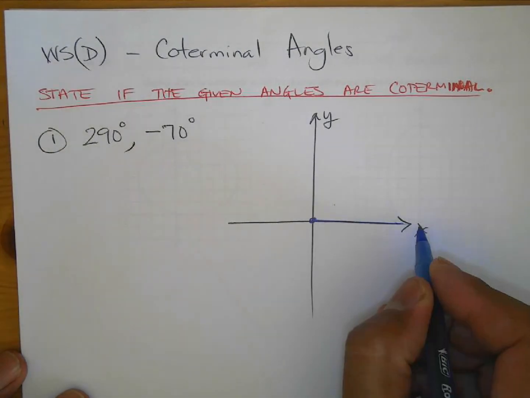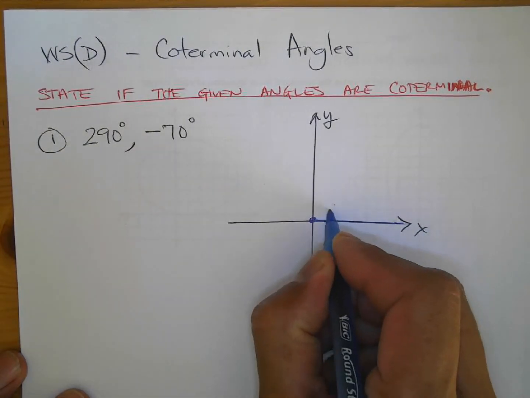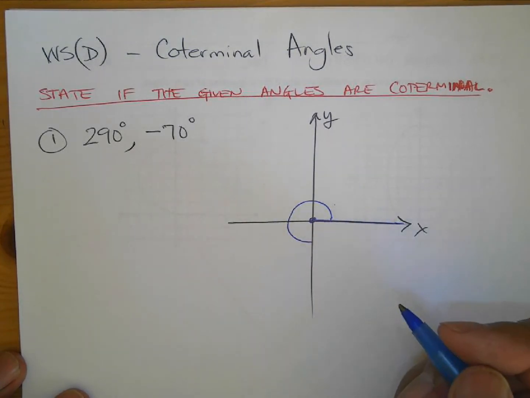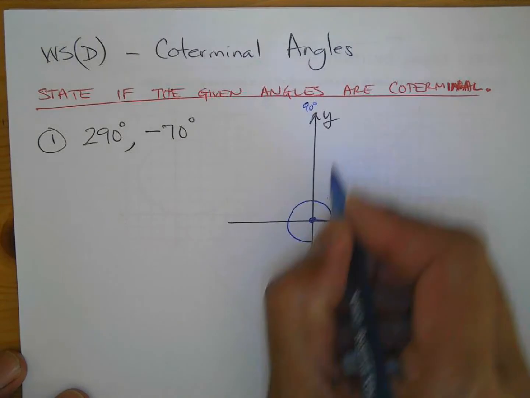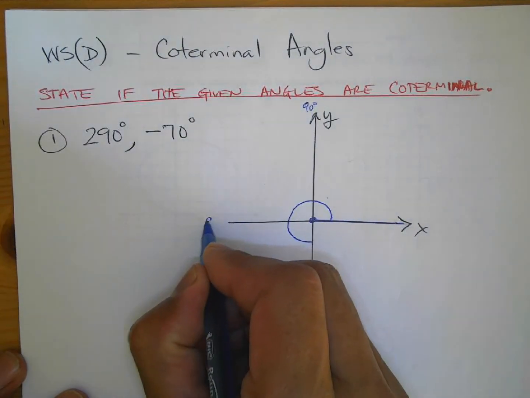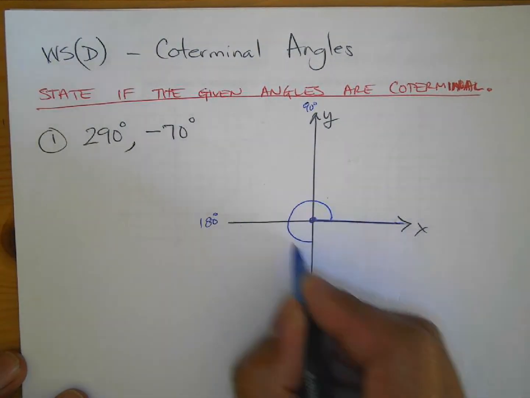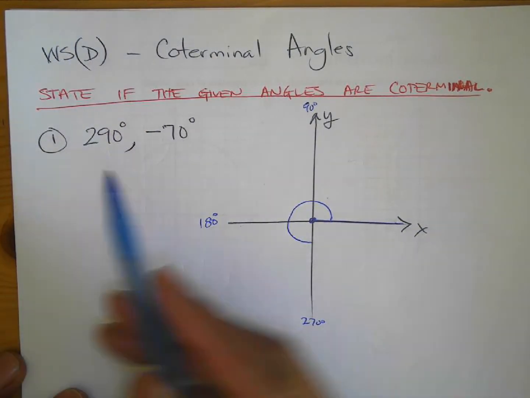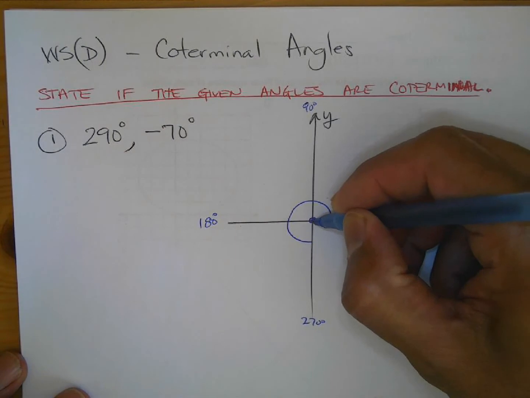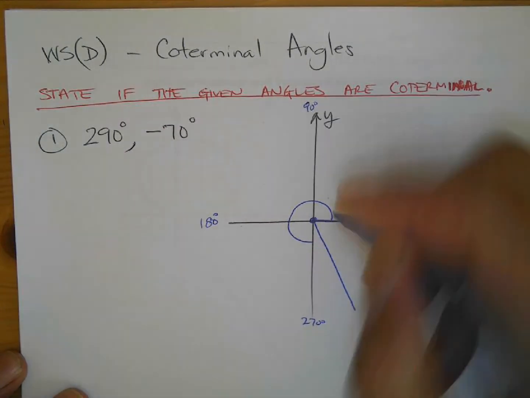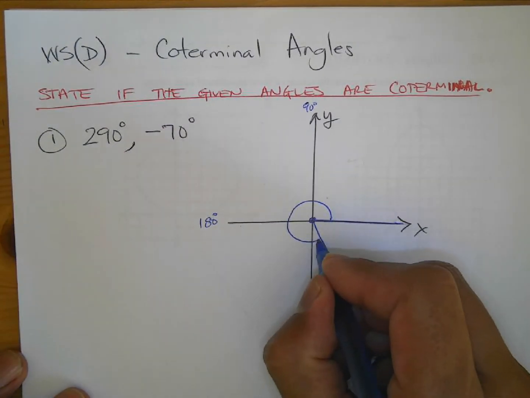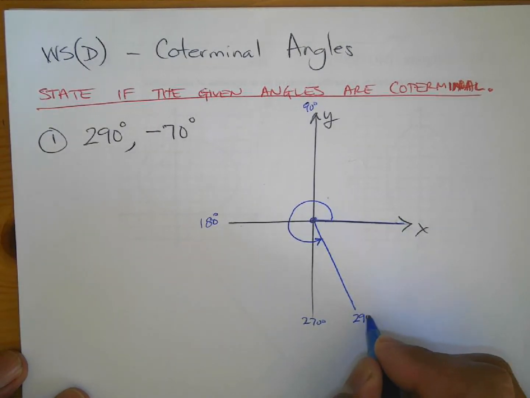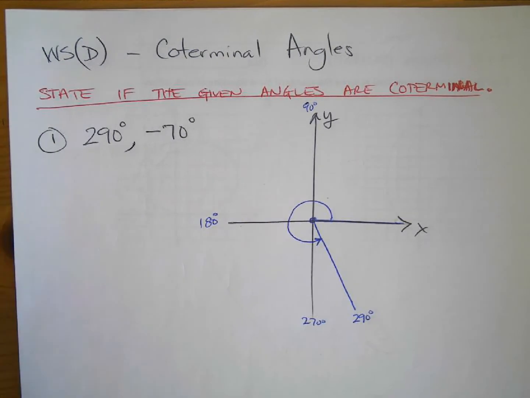We're going to go 0, 90, 180, 270. Right? This is 90 to here. This is another 90, that's 180. Another 90, that's 270. And I have to go 290, so draw 20 more degrees in, right? This is a positive 290 degrees.